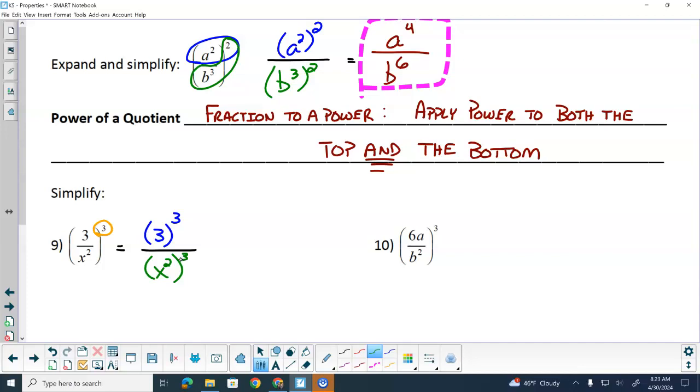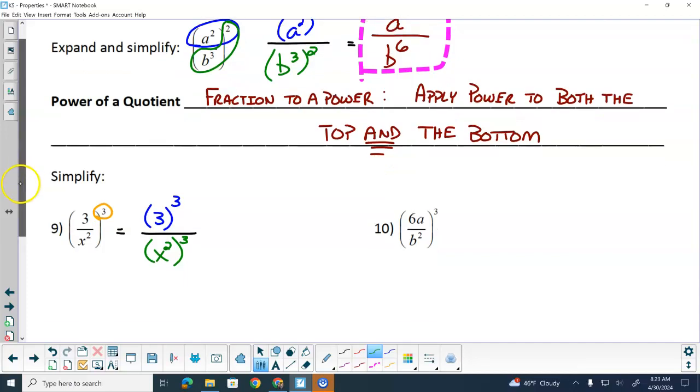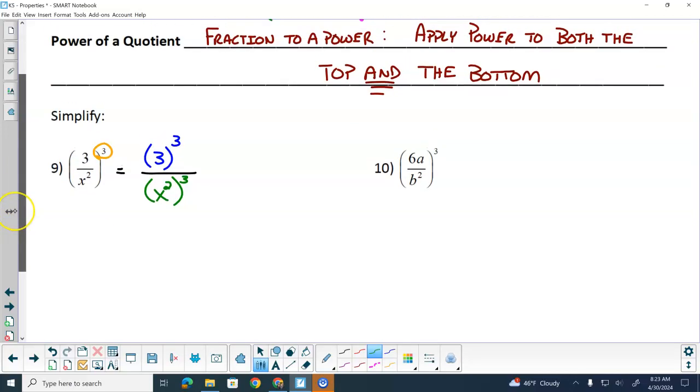Okay? This, by the way, on top, 3 to the third power, what does that mean to you? 3 times 3 times 3. Do you know what 3 times 3 times 3 is? 9 is 3 times 3, right? And then times another 3 would be 27. Exactly.